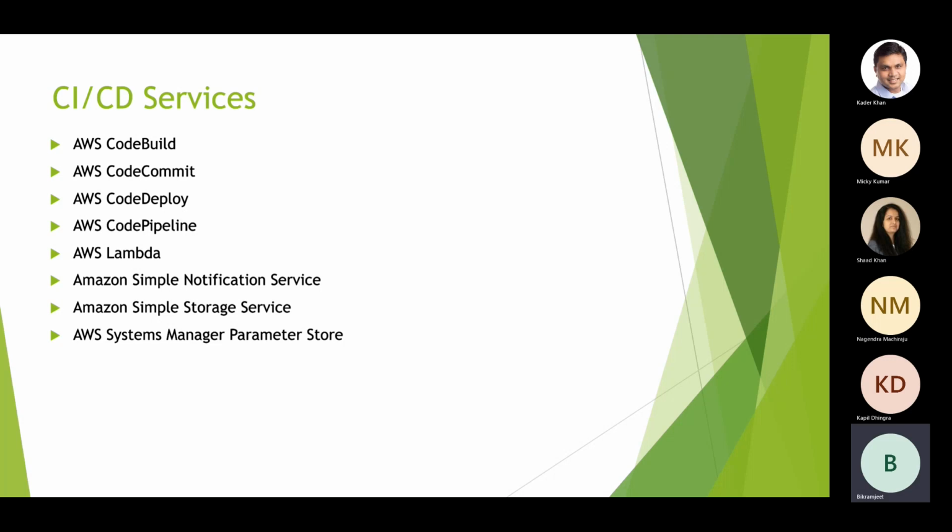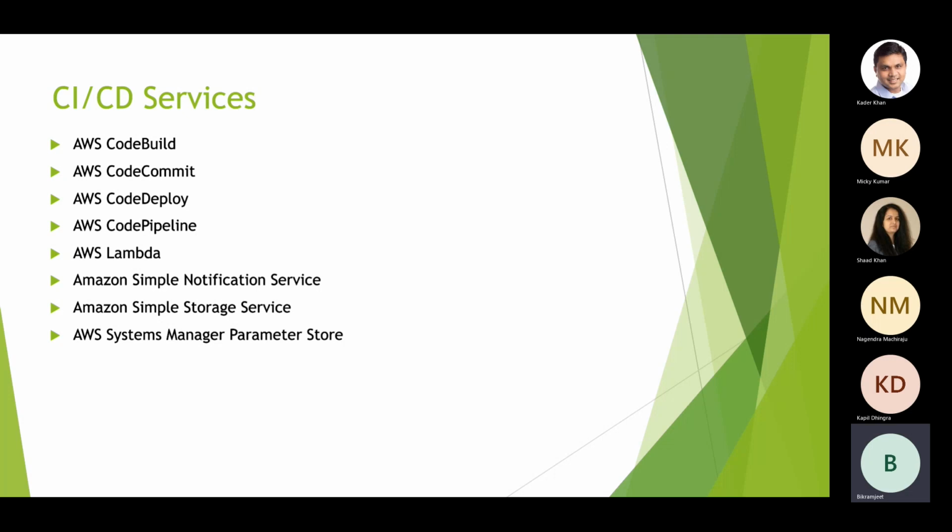And the way that Amazon provides you to manage your parameters is through Systems Manager parameter store. So you can store your parameters in there, and your pipeline or your code deploy jobs, they can read the parameters from parameter store. That is something that we can use.